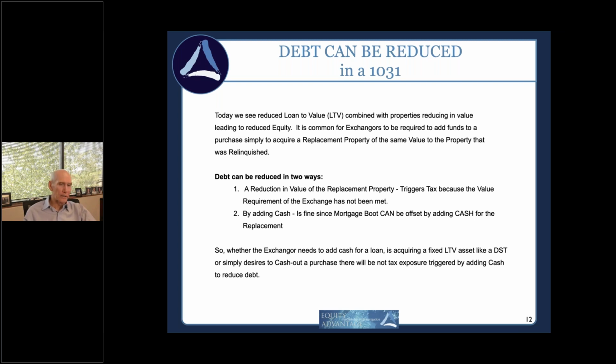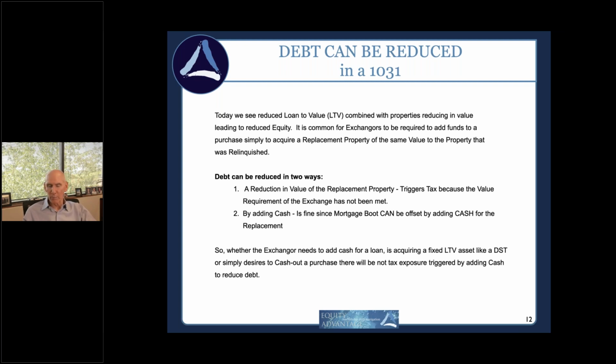So they had proposed a like kind requirement that would be similar in service and use, which would have been devastating because, as I said earlier, a lot of times people start with a rental house and they end up moving into apartments, and they end up going into industrial or big box single tenant or whatever it might be. And that whole progression would not have been possible if they had adopted similar in service and use.